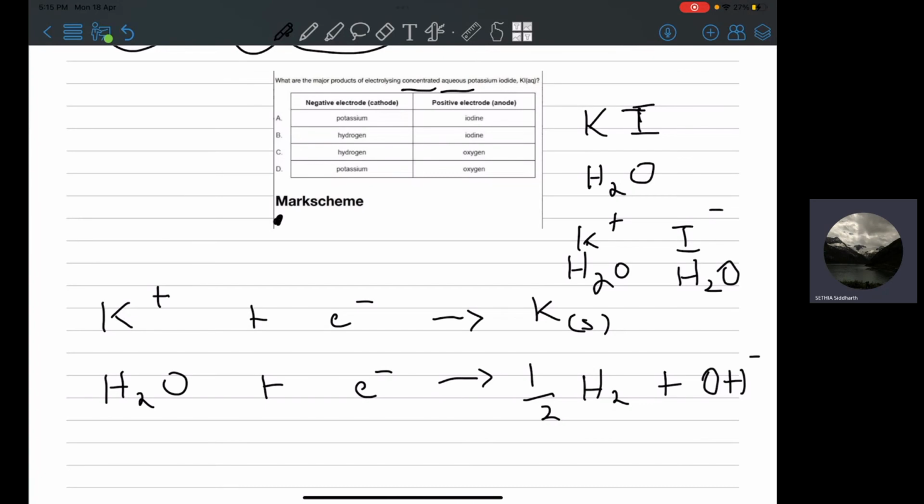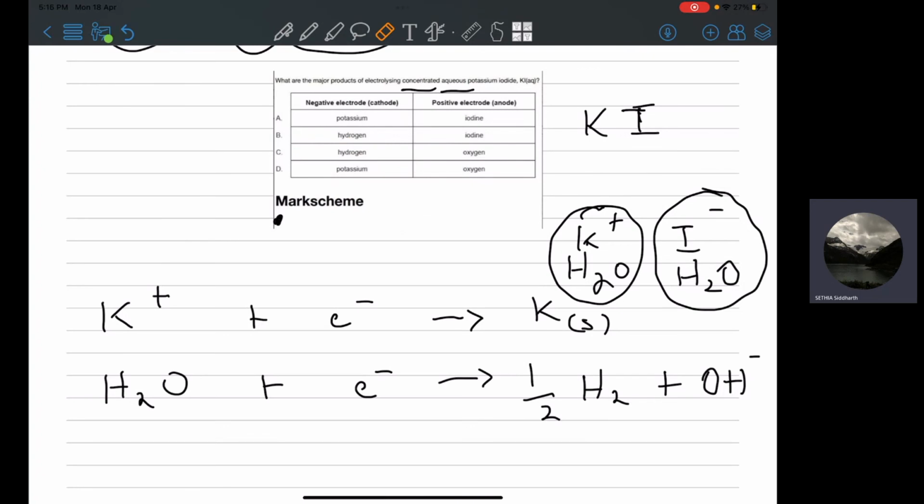And they're asking us what products we're going to get at the negative electrode, which is the cathode, and the positive electrode, which is the anode. Now, out of these two groups, which one do you think is going to go to the cathode to get reduced? Now, you may have guessed this group, and you would be absolutely correct.